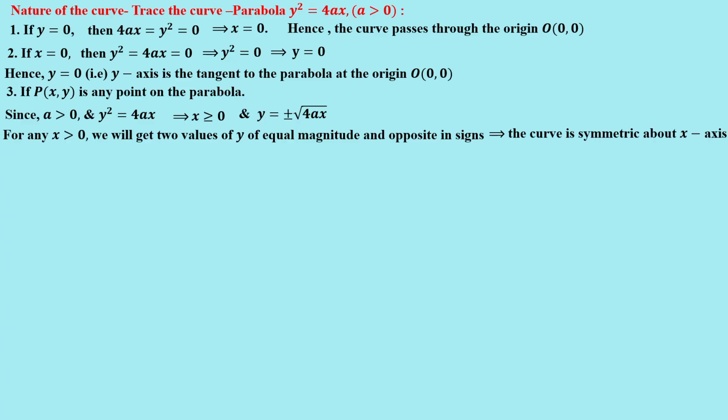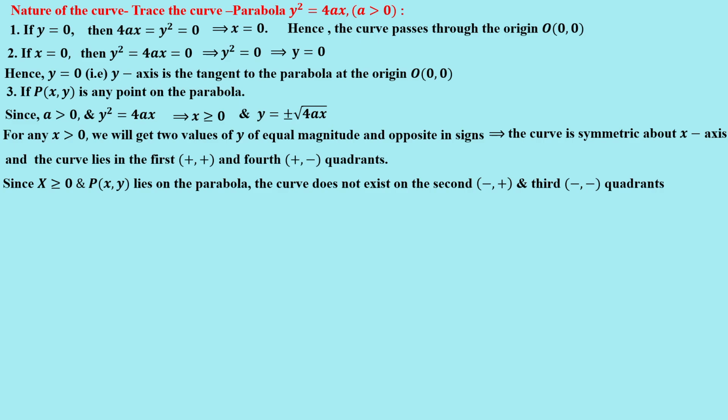So therefore the curve is symmetric about the x-axis, and the curve lies in the first quadrant and the fourth quadrant. Since x is greater than or equal to 0 and P(x, y) lies on the parabola, the curve does not exist in the second and third quadrants, that is minus plus and minus minus.